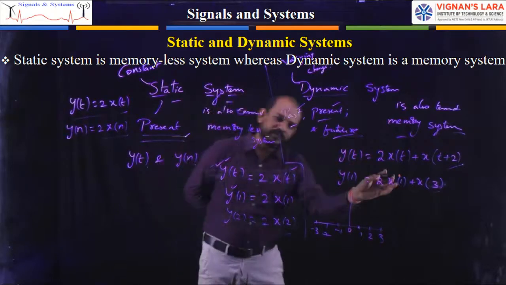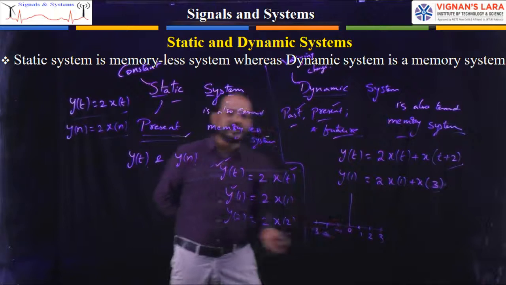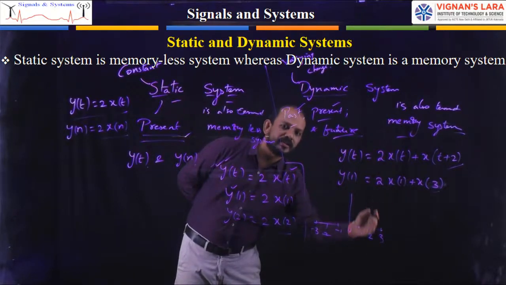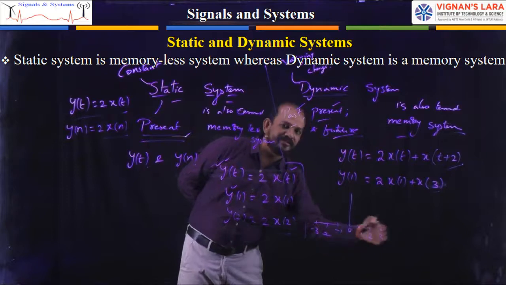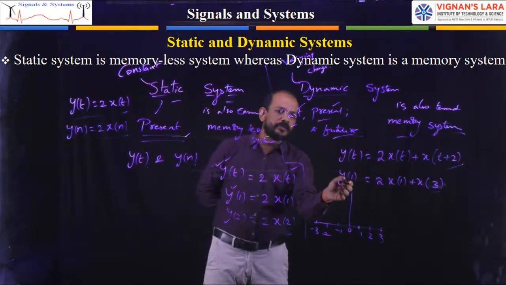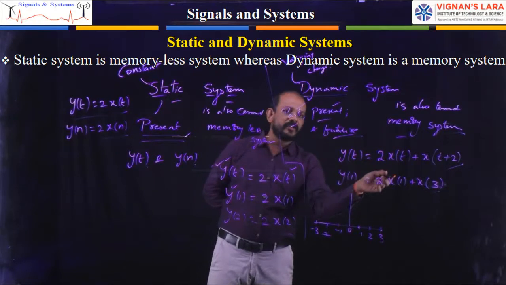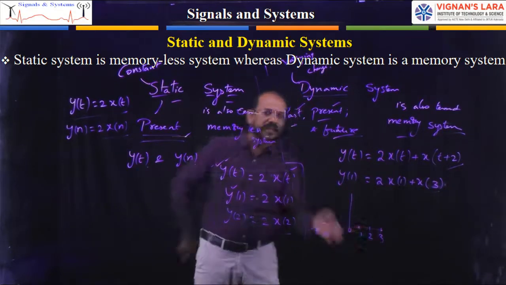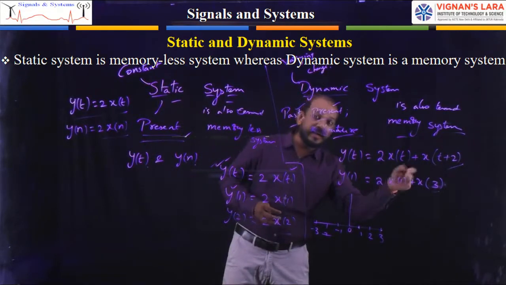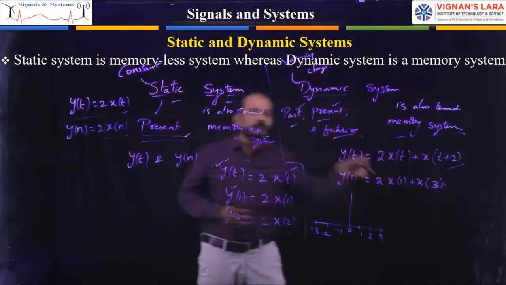Now x of 3 is the third second. So that is future, because it is greater than 1. That means the output at the first second is dependent on the input at the first second and the third second. That is, the output depends on the present and also the future value of the input.